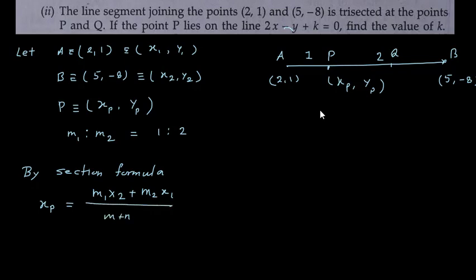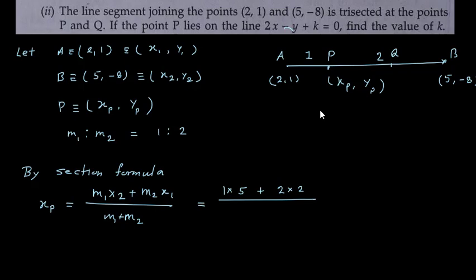Sometimes we consider m ratio n, sometimes m1 ratio m2, so it doesn't matter what symbols we are using. m1 is 1 into 5 plus 2 into 2, the whole divided by m1 plus m2, which is 1 plus 2.